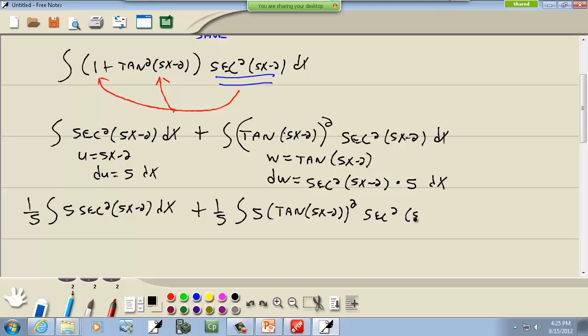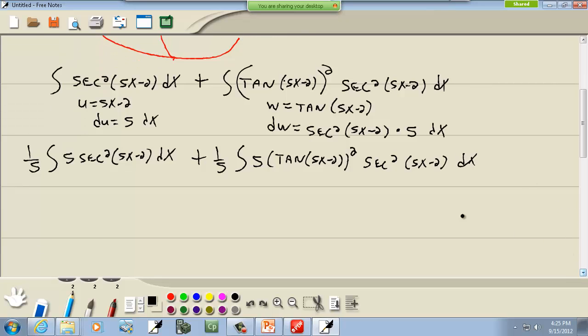Getting there. So now we're ready for our substitution. So this one over here, the 5 dx gets replaced by du, and then this becomes secant squared u du.